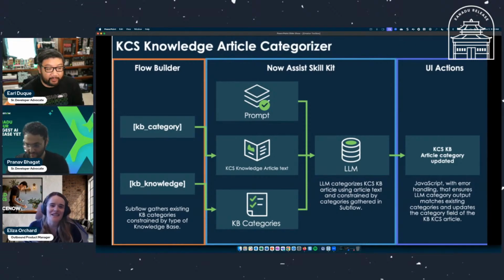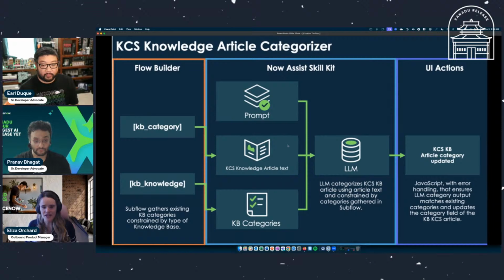But we will be actually building a knowledge article categorizer. So what we'll be doing is first going into Flow Designer and essentially extracting a list of knowledge-based categories that we have within our instance. We collect those categories, and then we pass that through into the prompt within SkillKit to say, hey, based on the text of this knowledge article and this list of categories, find the category that best describes this knowledge article.